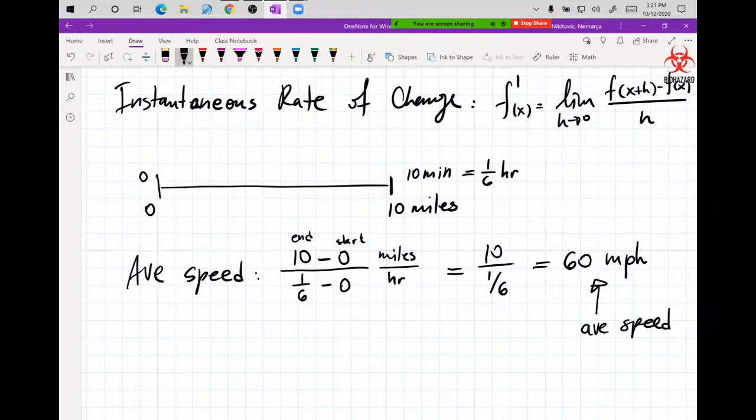But your speed was constantly changing and you were driving at some places faster than 60 miles per hour, and at some places if you had to stop with a stop sign or a red light or something like that, maybe you had to slow down because you were stuck behind someone, right? Go under the speed limit and so on. Those times were all below the average speed, and then you had to drive faster than the average speed to make up for the times when you were driving at the slower speed, so they can all together average at 60 miles per hour in this case.